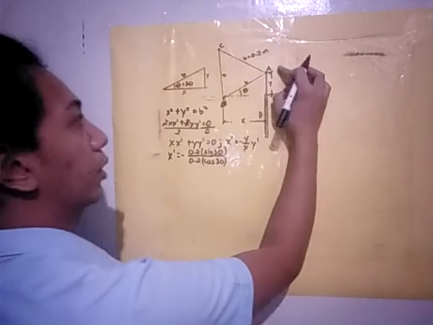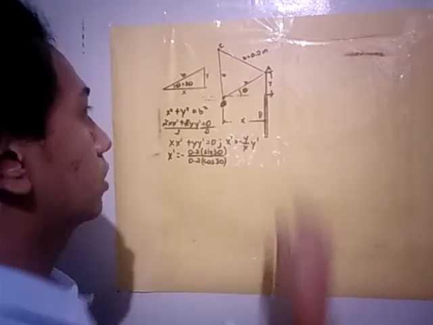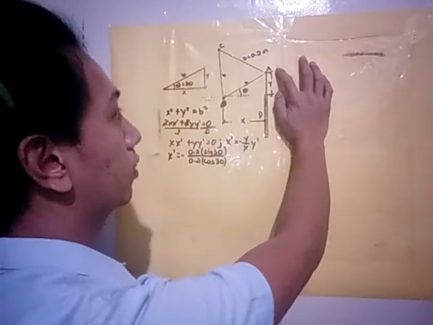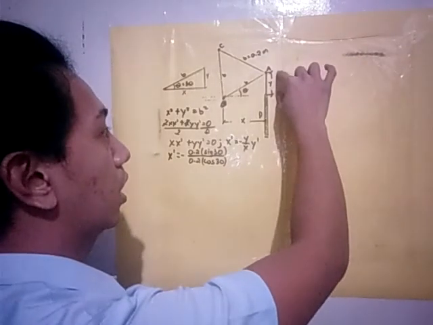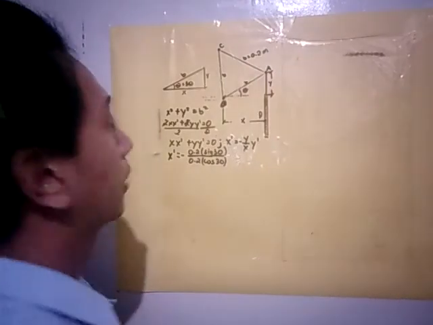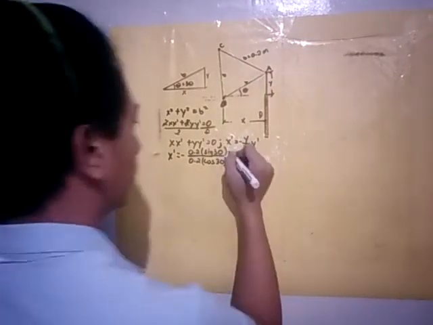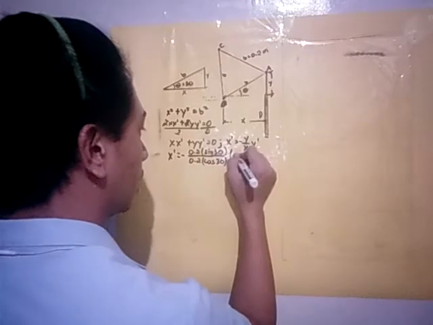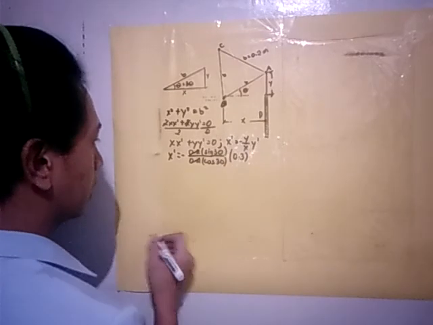Velocity at point A is also equal to y prime, because here our position is y, and if we differentiate y, we get y prime, or velocity. Then multiply this by 0.3, which is the velocity at point A. Then cancel.